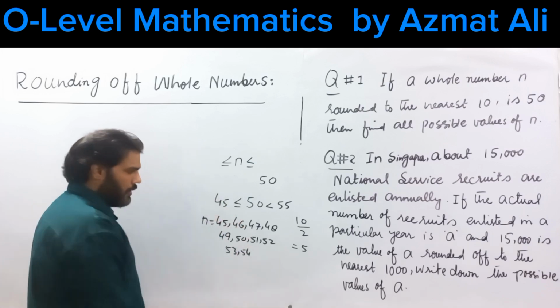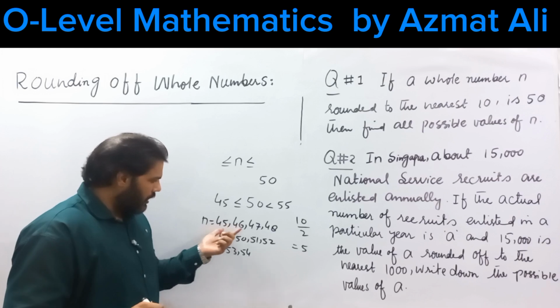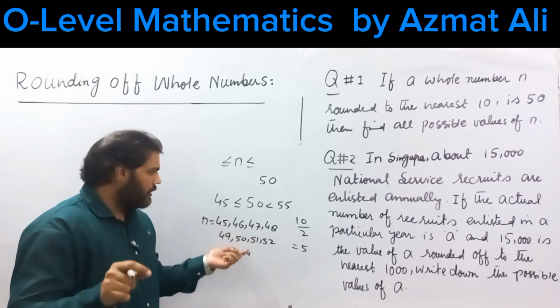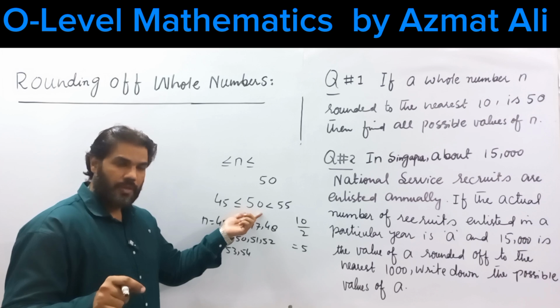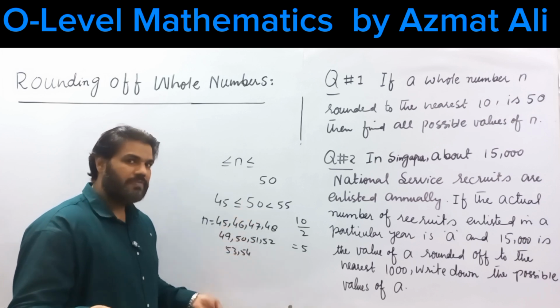Now you can see that all these values of n have the same rounded value, that is 50, correct to the nearest 10. So this is the very simple way.